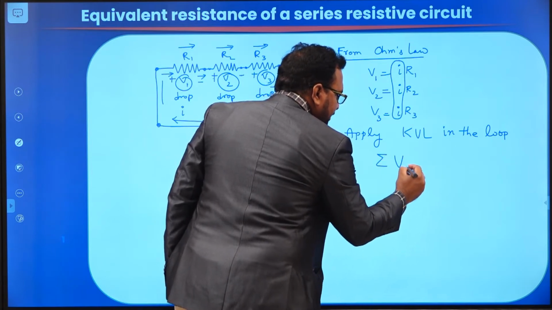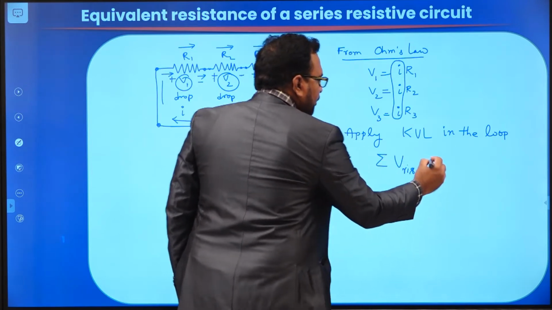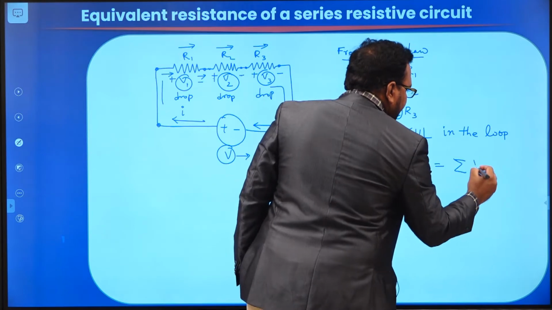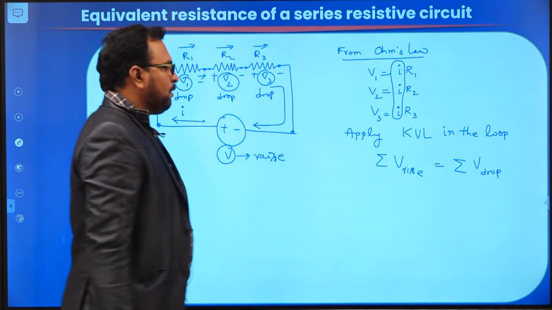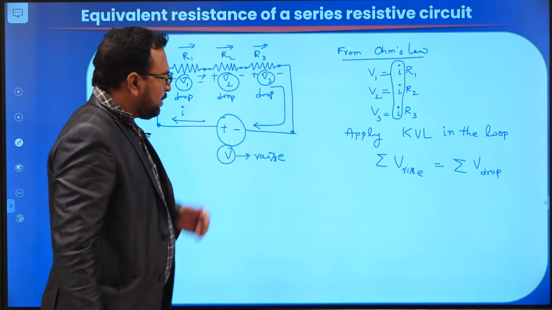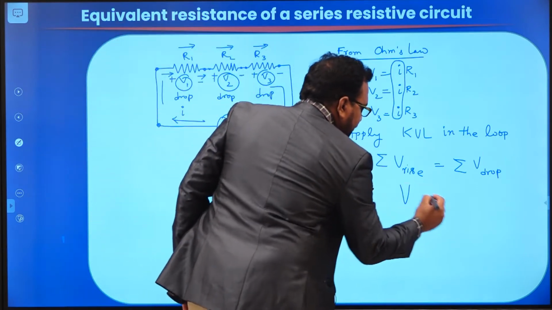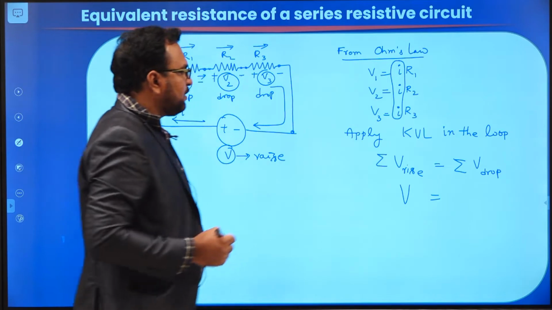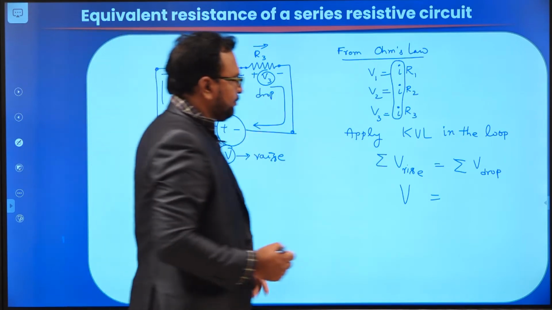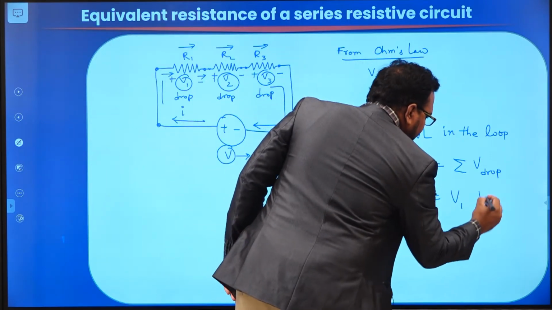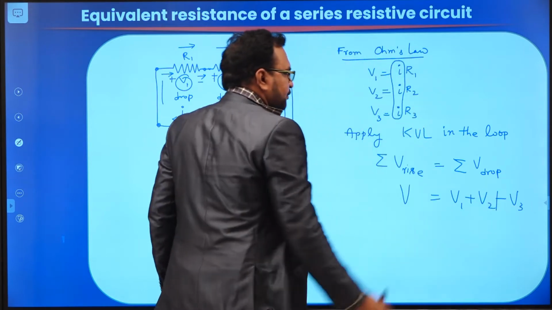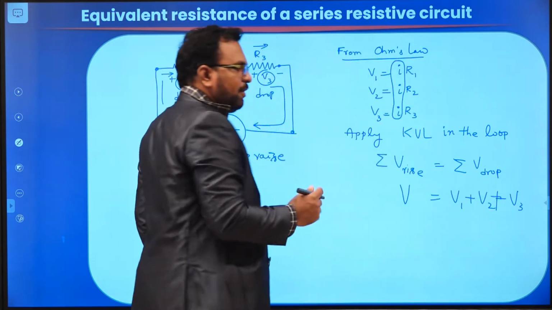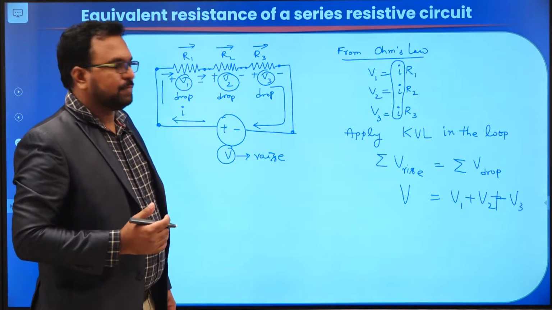Sigma of V rise is equal to sigma of V drop. So, what are the rising voltages here? Only the source voltage, V. And what are the voltages that are dropping? V1, V2, V3. So, we have to do the summation. So, V is equal to V1 plus V2 plus V3.